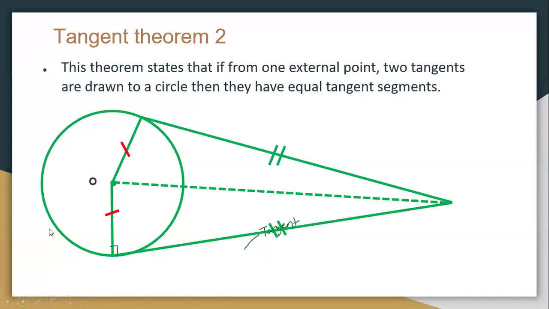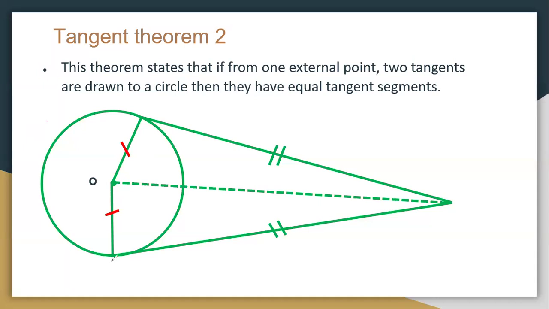Now we have the second theorem. It's the one that we also need to understand. Like we have said, a tangent is any line that touches the circle at one point. Looking at my figure here, allow me to label it.